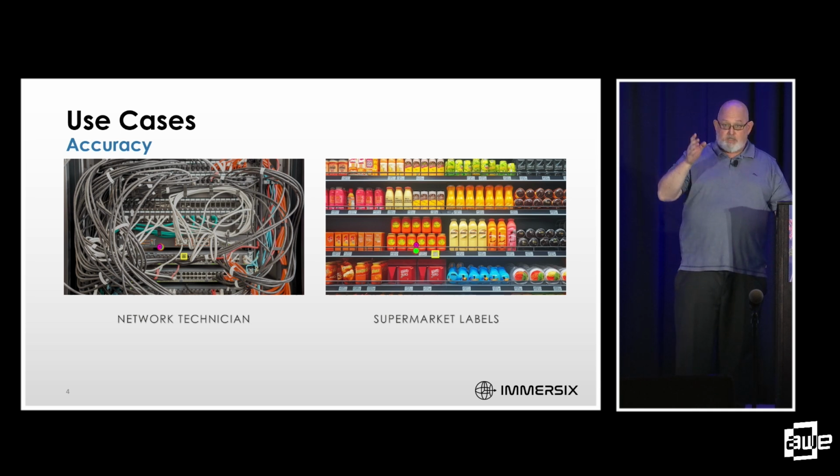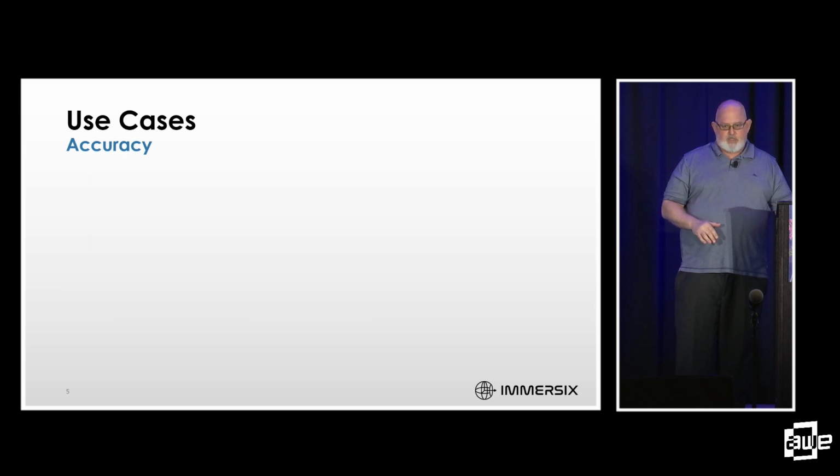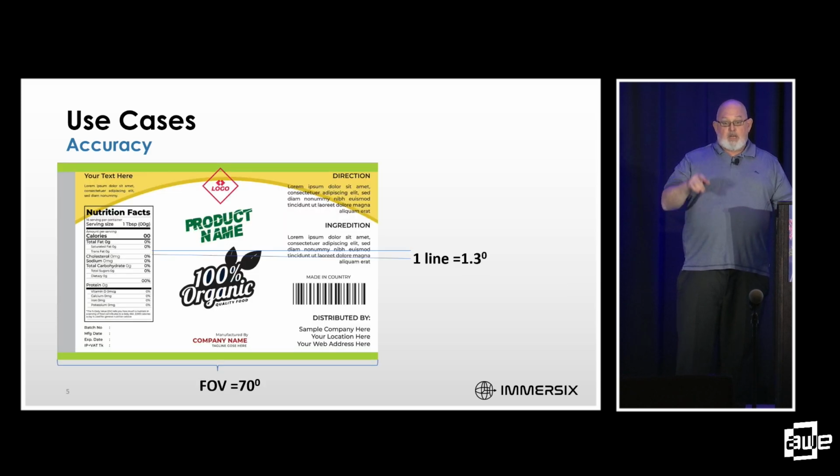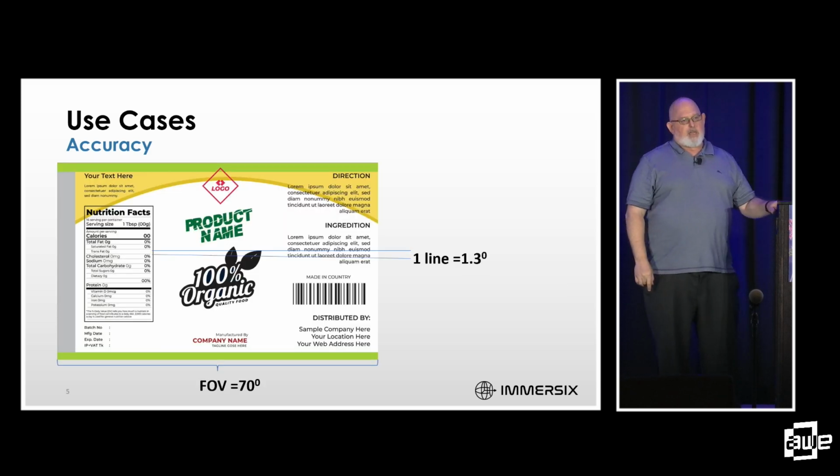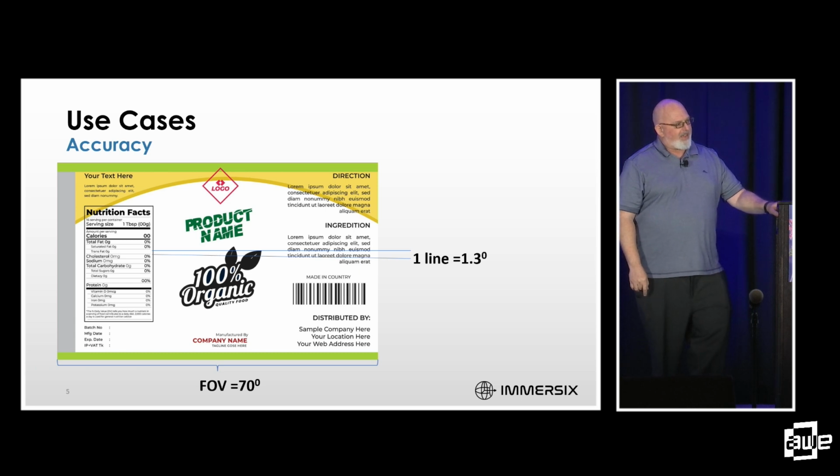There are other cases where the current level of accuracy is a challenge. Like for instance, this is the actual tag on one of those products. Nobody's looking at the product like that. This is filling the full field of view.